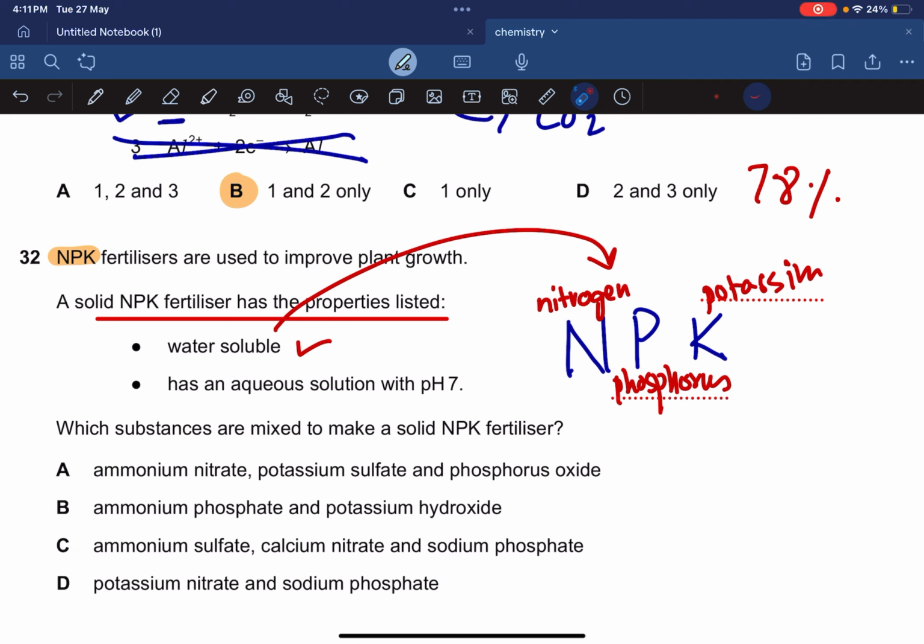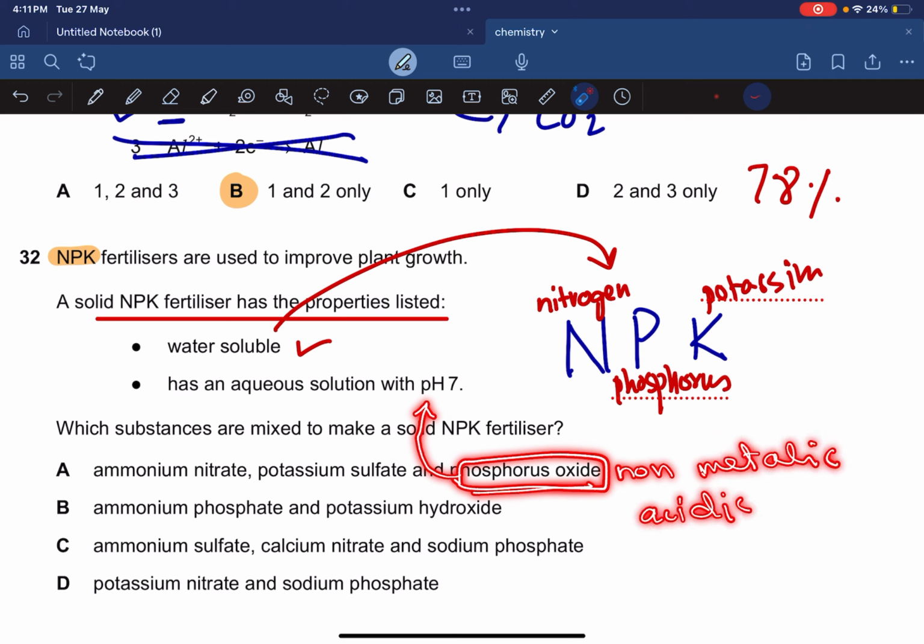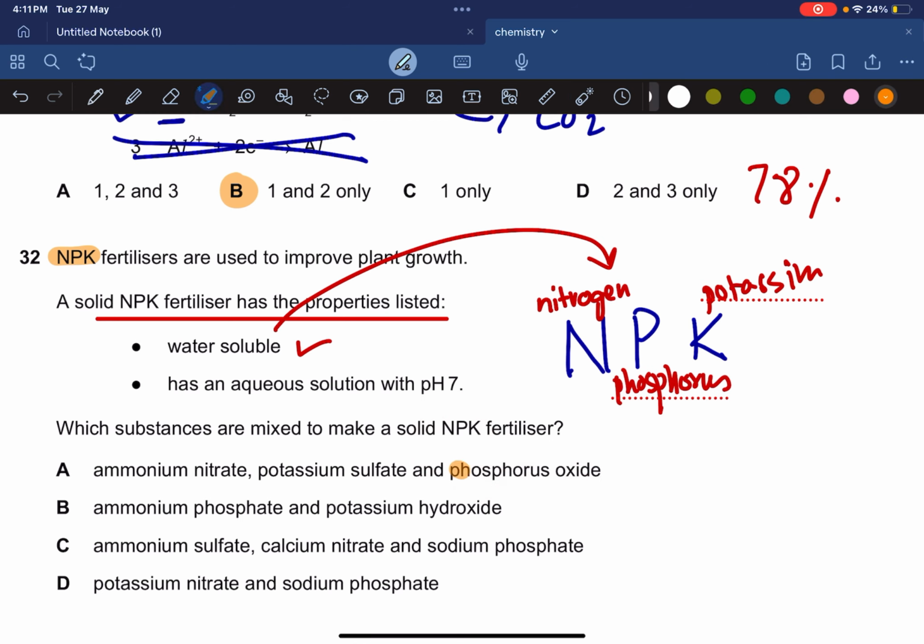Ammonium nitrate, potassium sulfate, and phosphorus oxide. The thing over here is that I cannot take phosphorus oxide. Why? I need to have a pH of 7. I know phosphorus is a non-metal, and non-metallic oxides are acidic. So if I take phosphorus oxide, my pH is going to reduce from 7. So I cannot take this.